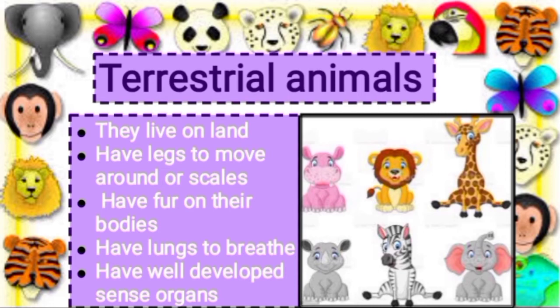And climatic conditions may vary from place to place. Sometimes it is cold on the mountain and in polar regions, whereas it is very hot in the desert. For example, a yak lives on the mountain and a polar bear lives in polar regions.